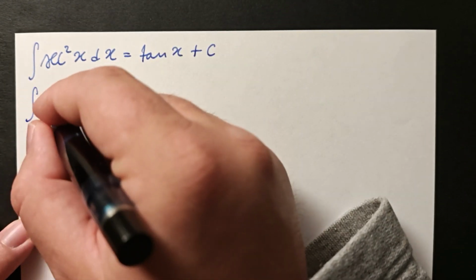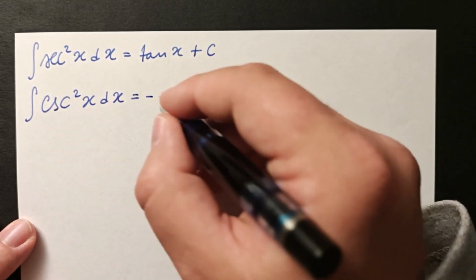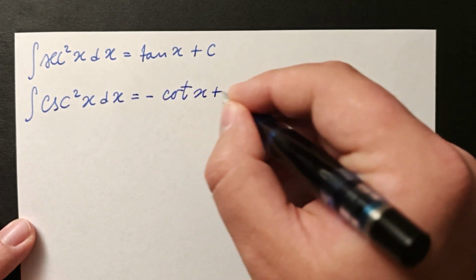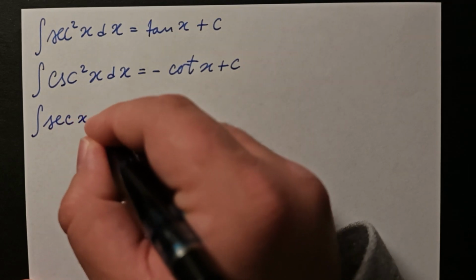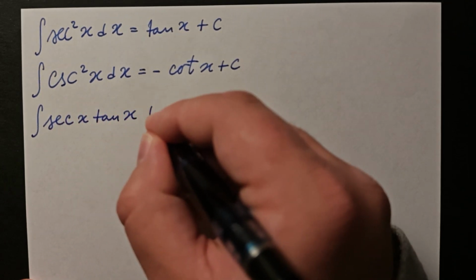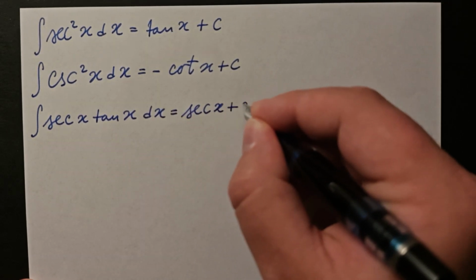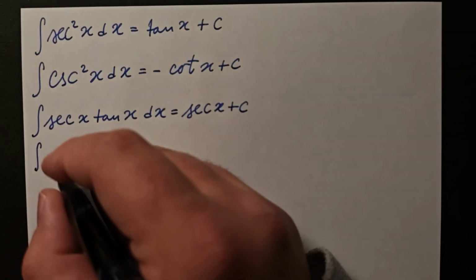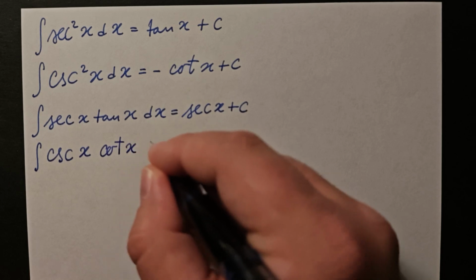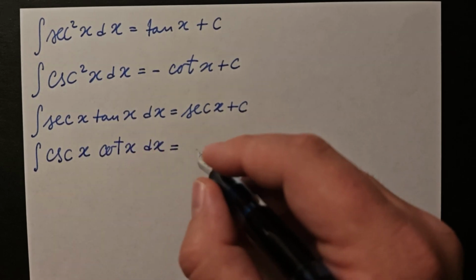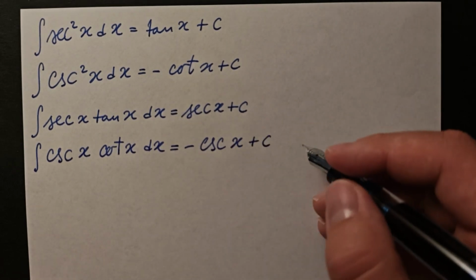The integral of the cosecant squared of x dx is negative cotangent of x plus c. An integral of secant x multiplied by tan of x dx is going to be secant of x plus c, and an integral of cosecant of x multiplied by cotangent of x dx is going to be negative cosecant of x plus c.